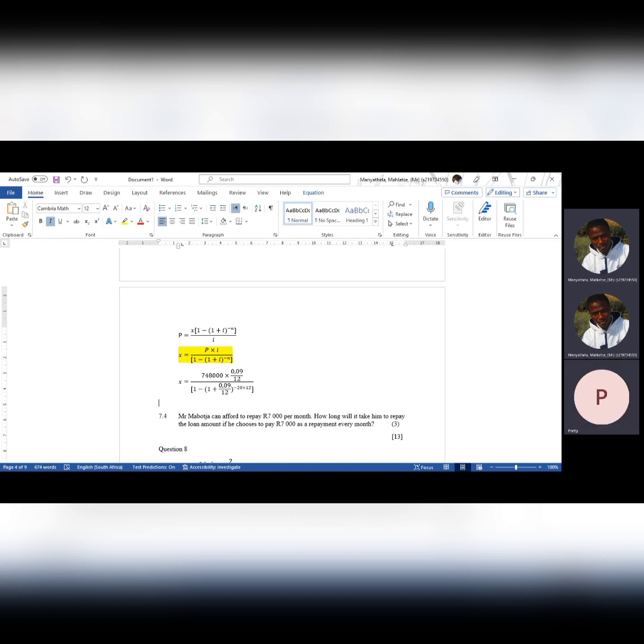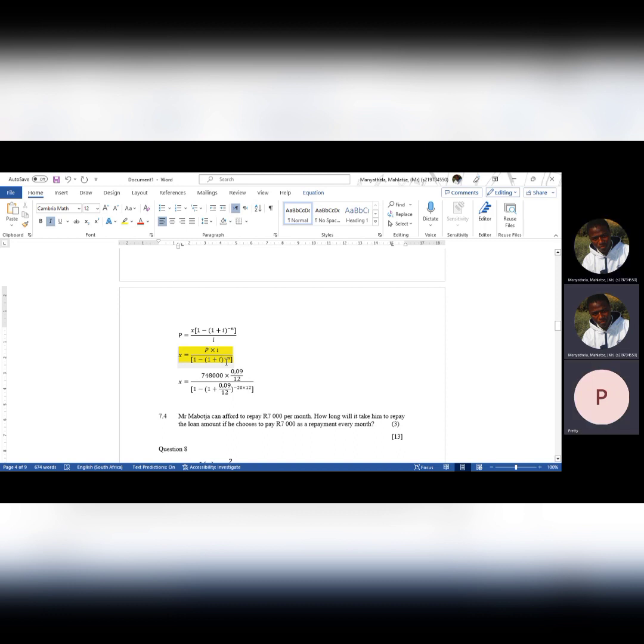Which one I understand best? Okay. So, do you want to know how we arrived at the formula? No, I do not. Okay. No, I mean the one that we have highlighted.